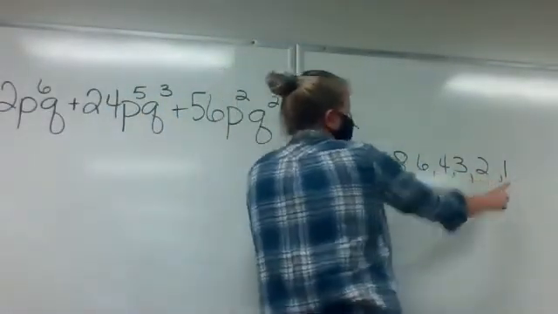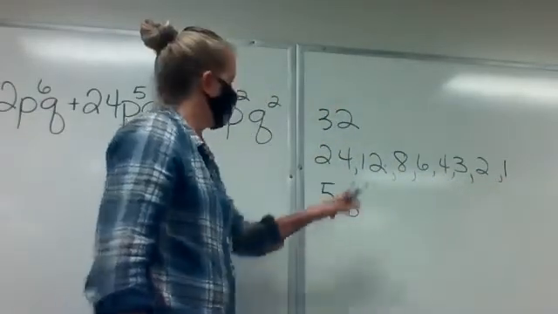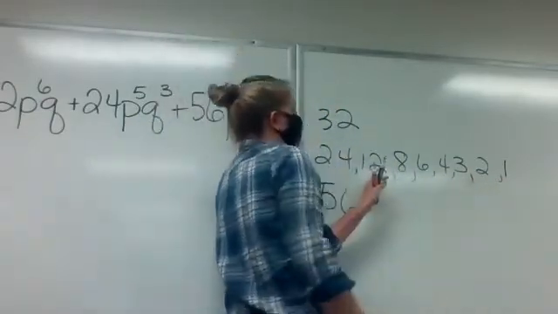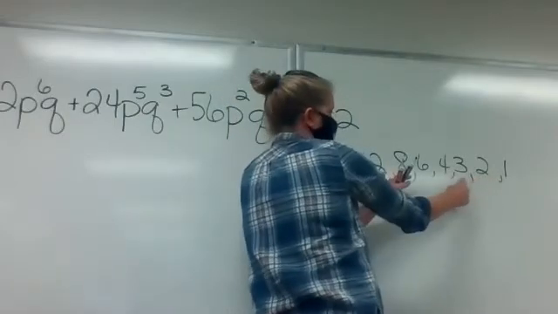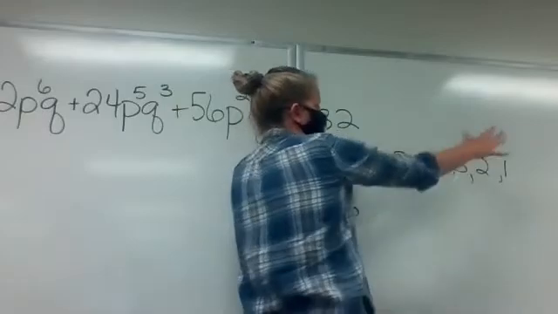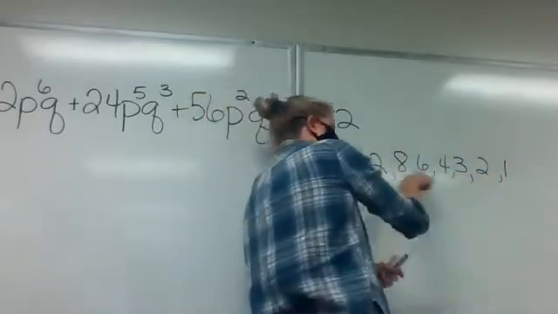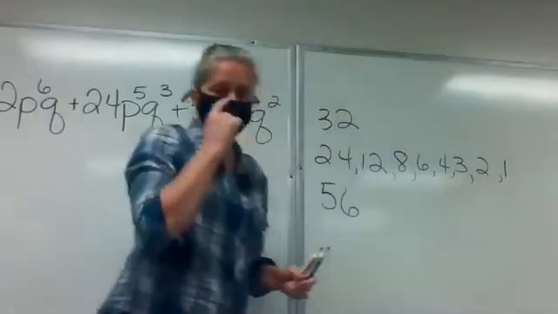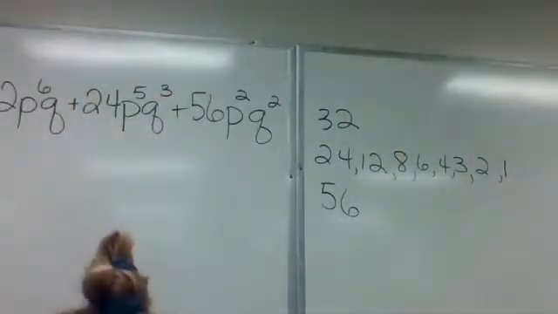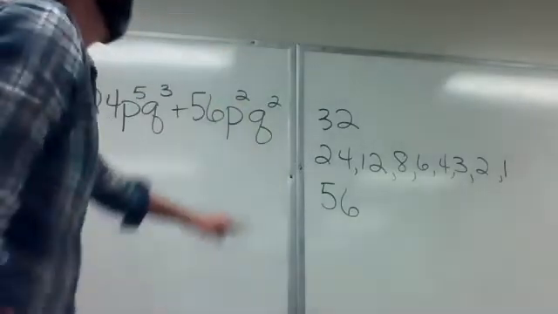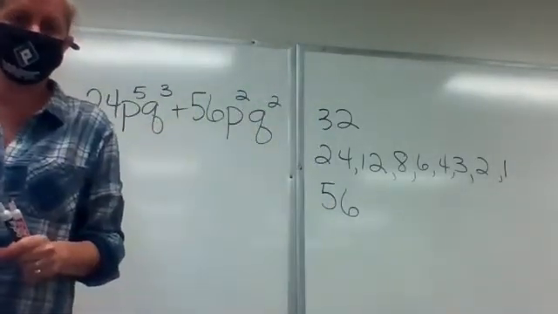So if I did 24 times 1, 24 would be the biggest, 1 would be the smallest. 12 times 2, so 12 is the next biggest, 2 is the second from the smallest, and so forth. If you number them in their pairs like that and work in, your numbers will go from biggest to smallest. And remember, you're trying to find the biggest number that goes into 32, 24, and 56.